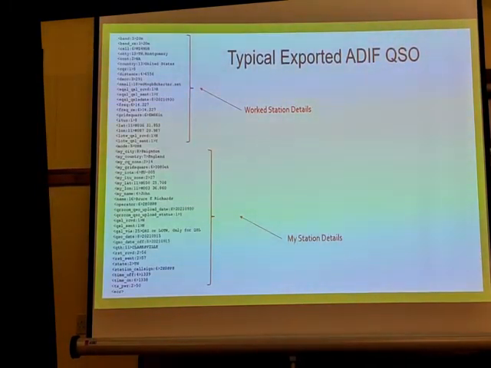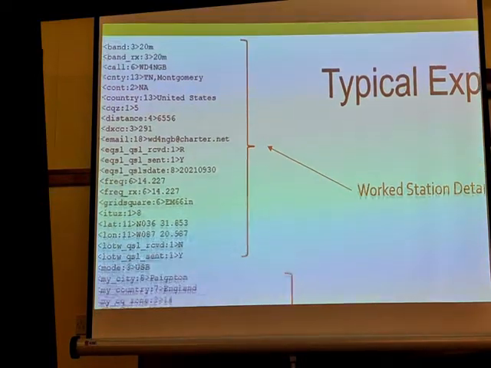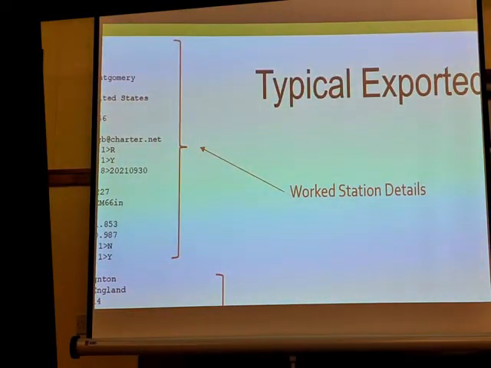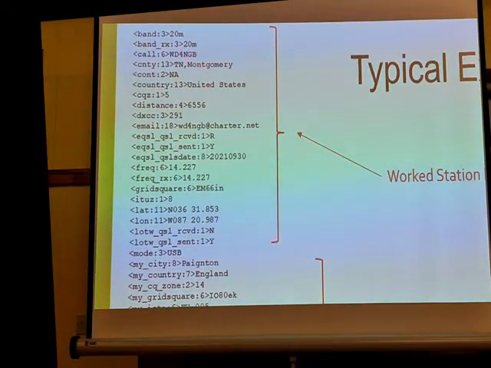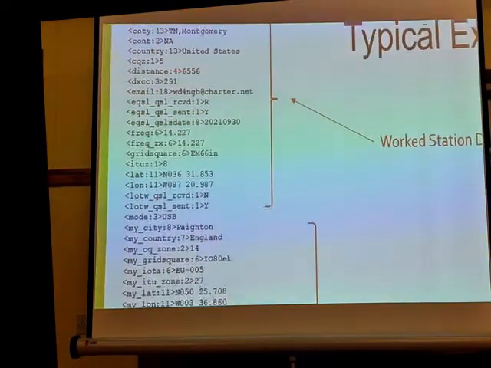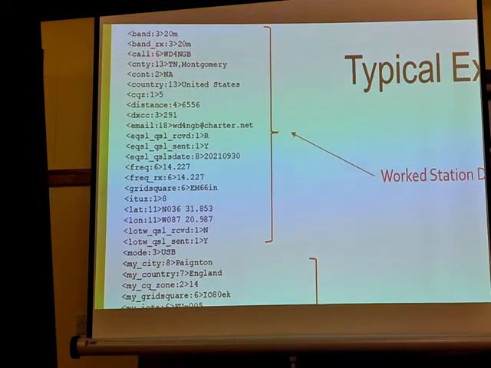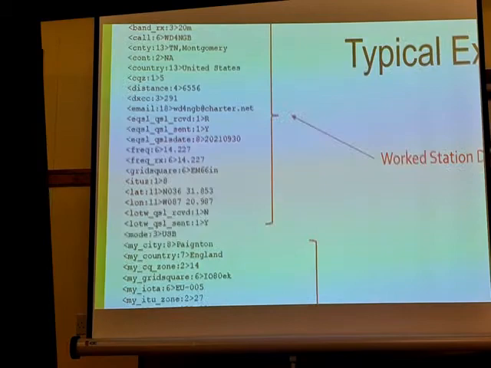So this is a typical ADIF QRZ detail. It just shows this contact was from 20 meters. This is the call sign. This is some of his details here, going down. This was the actual frequency on transmit and receive, and this grid square there. You go back.